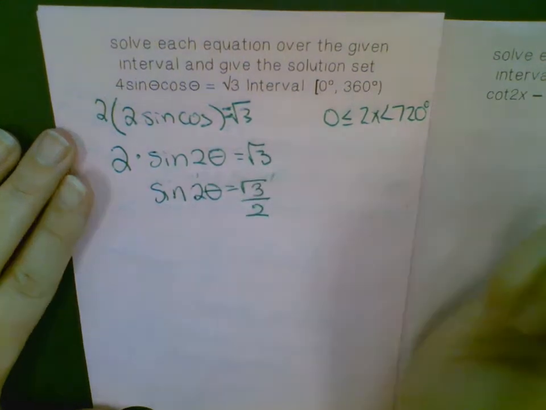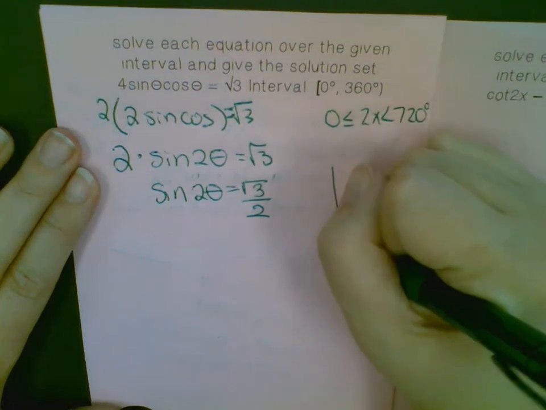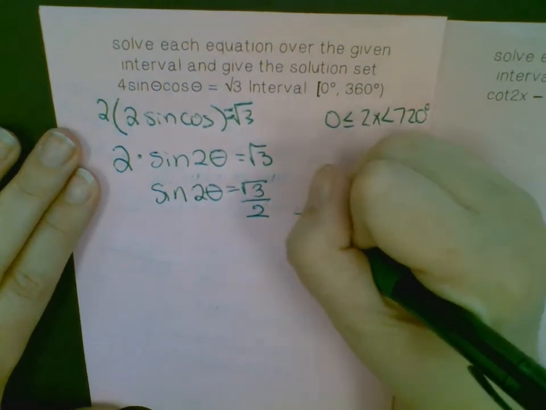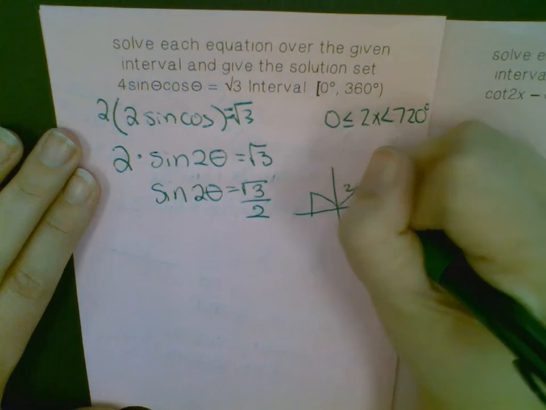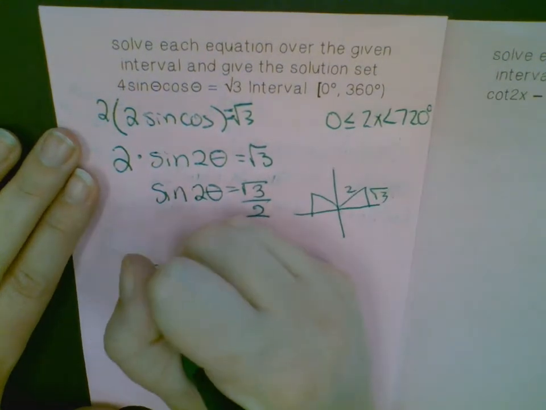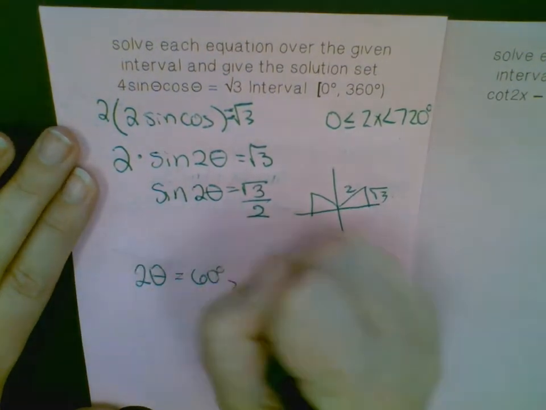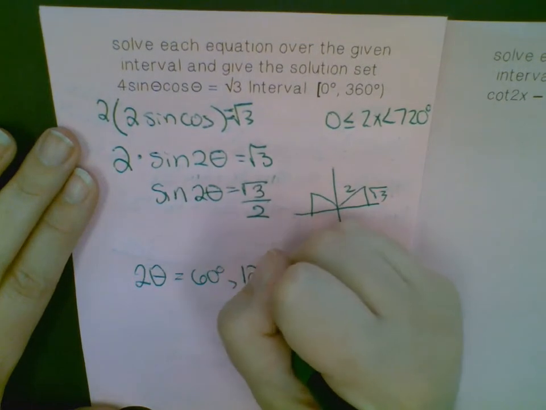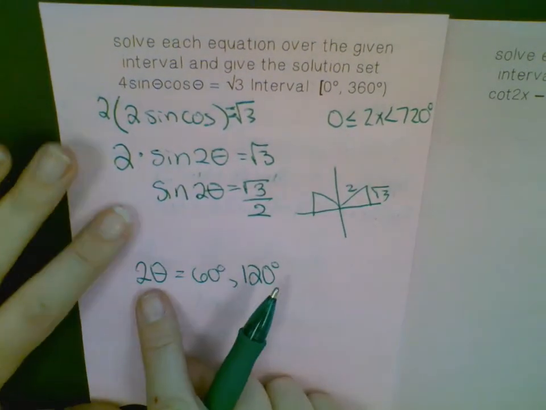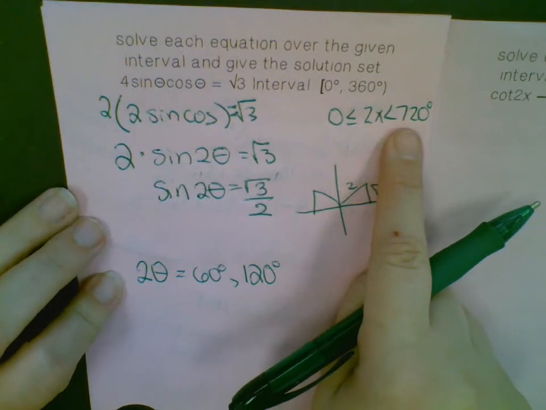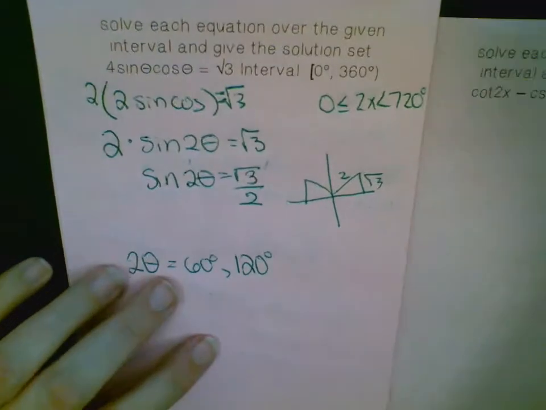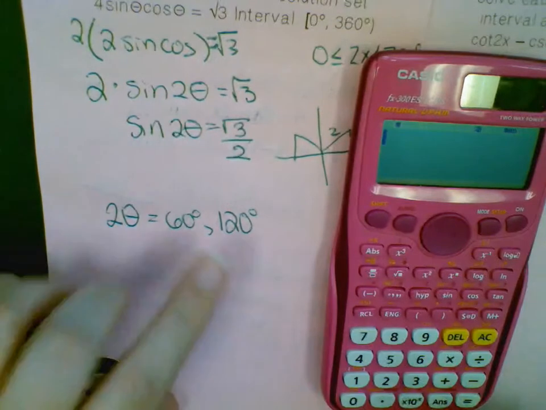over 2. So sine is positive in quadrant 1 and 4, and this will have a reference angle of 60. So 2 theta equals 60, and in quadrant 2, we'd have 120. But since we're 2 theta, we got to go all the way up to 720. So that means we're going to take another trip around the circle and add 360.